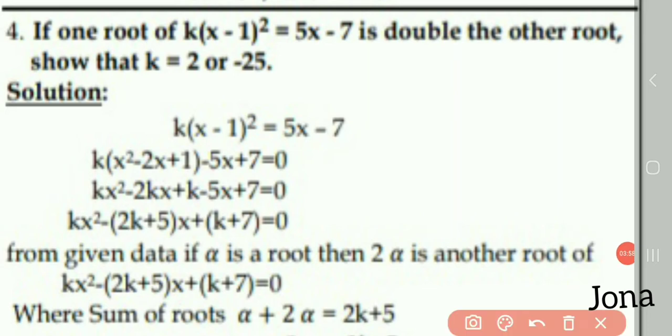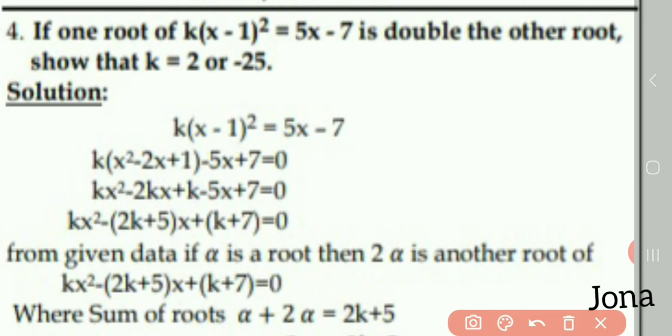Fourth sum. If one root of k into x minus 1 the whole square equal to 5x minus 7 is double the other root, show that k equal to 2 or minus 25. First I have to simplify the equation, and then I want to show the value of k.